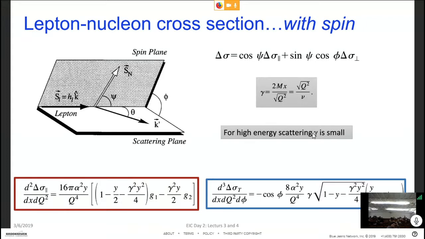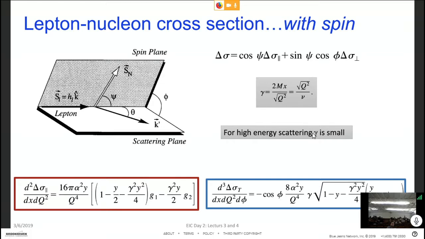It is now hitting a nucleon with a spin Sn, which is oriented generally with an angle psi with respect to the initial direction of the lepton. The lepton gets scattered, K prime. So the incoming lepton and the scattered lepton make a scattering plane. And the angle between the scattering plane and the direction of the target spin is called phi.